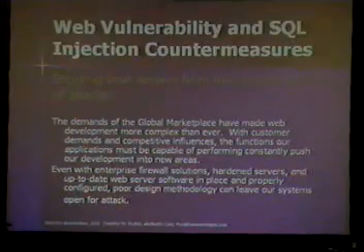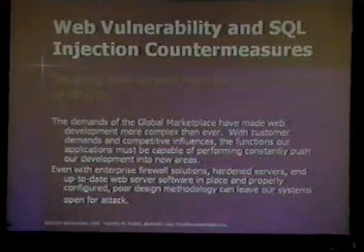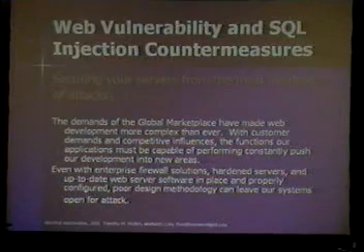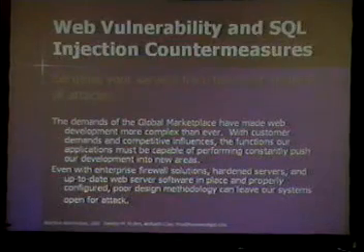We're going to discuss not only what these vulnerabilities are, and identify them and get some examples, but also, in my mind what's more important, how to protect ourselves from them.